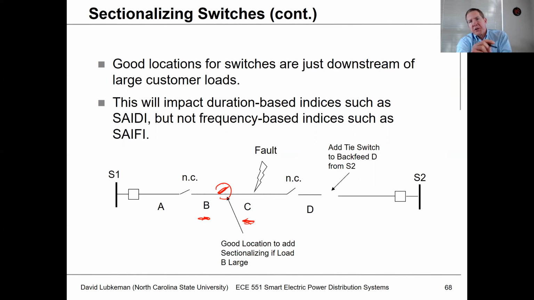Generally we're going to find these switches are pretty close to large customer pockets or critical customers, because you want the flexibility of restoring those customers more quickly. It's not going to have an impact on SAIFI. You're not going to be changing the frequency of the interruptions, but you'll be cutting down on the net outage hours. And then if you can put a backfeed tie switch in here, that would help as well.